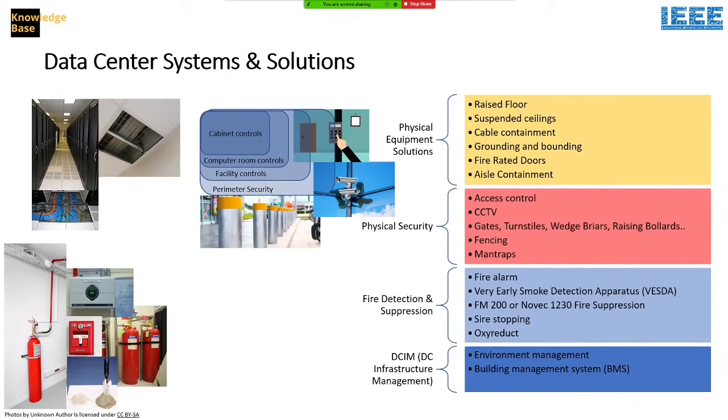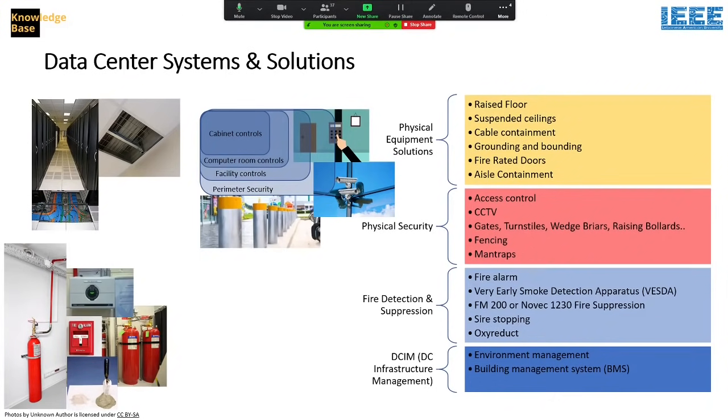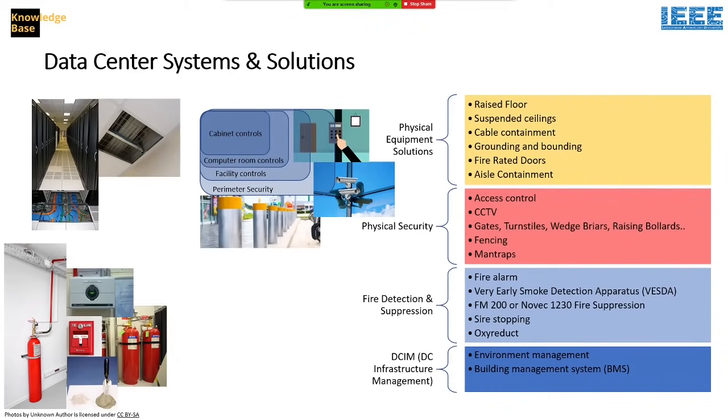We have very early smoke detection systems that come like tube types, going all over the data center and sensing for any smoke, similar to the auxiliary duct. The auxiliary duct is also an oxygen sensor that has ducts going all over the data center, and it's continuously sampling the air for oxygen.